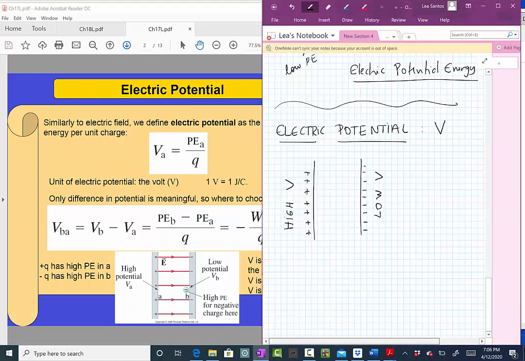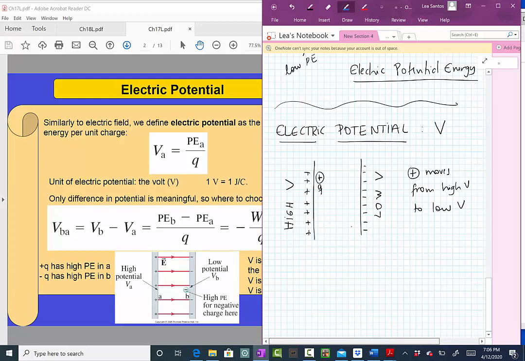What does that mean? It means that our positive charge, so I'm putting here my positive Q, moves naturally from high potential to low potential. So let's write this here: our positive Q moves naturally from high V, high potential, to low potential. How about the negative charge?